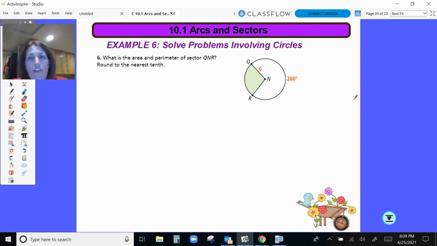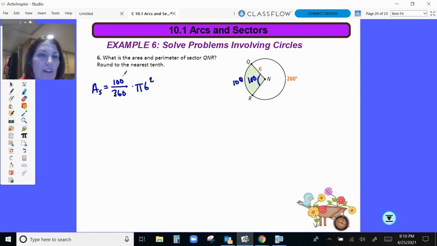Okay, so what is the area and perimeter of sector QNR? We want our area. First of all, we need the actual measure here, right? Well, if this measure out here is 260, then here must be 100, because 360 minus 260 is 100. So to find the area of my sector, it's going to be 100 over 360 times pi r squared.